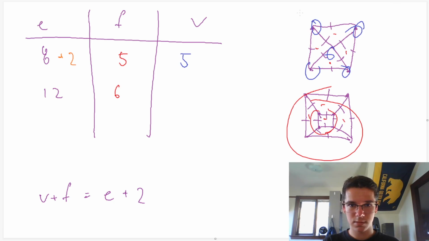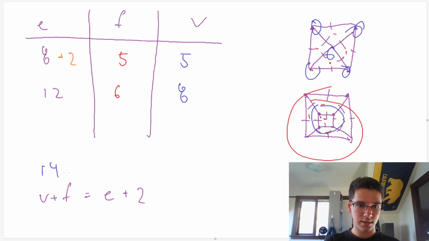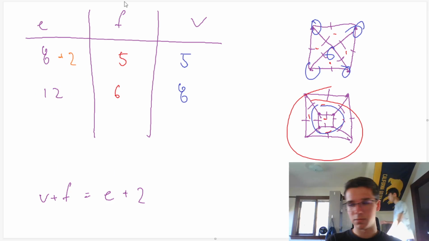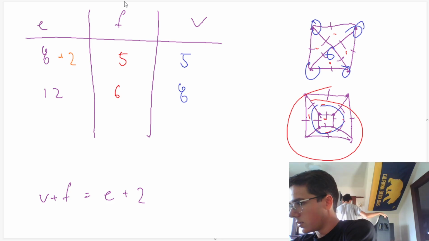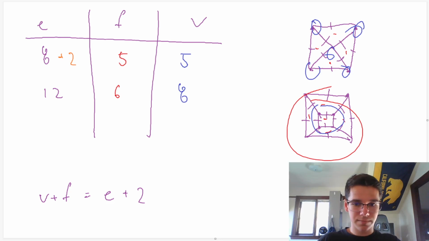There's these 4 here, and then there's these 4 on the bottom. 8 plus 6 is 14, and then we add 2 to the number of edges. That also gives us 14. So that's why that holds. And let's look at the next part.